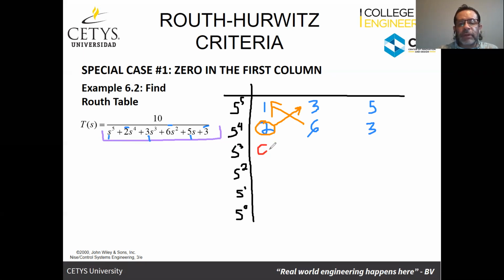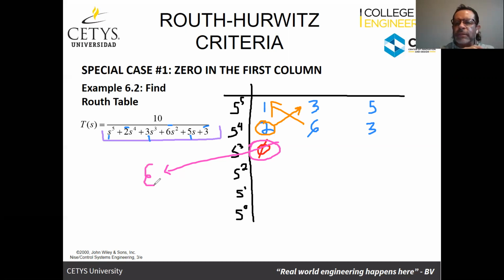And so the problem again with having a 0 here in the first column is that we can't continue the tabulation. So this first 0 that we have here stops everything. So what can we do? Well, we're going to substitute this 0. Instead of using a 0 here, we're going to substitute it for a number that we are going to call epsilon.